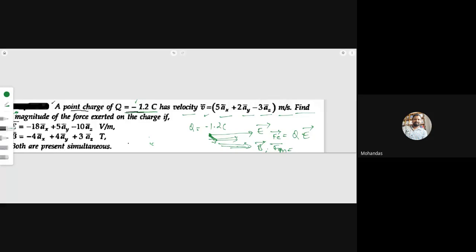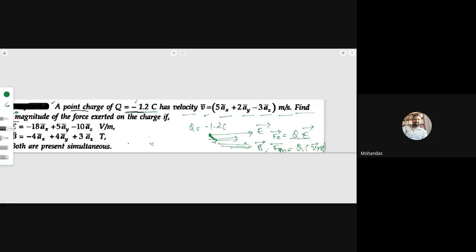Q into V cross B, vector. Very good. So this is question A and question B. After calculating this vector, you have to calculate the magnitude.